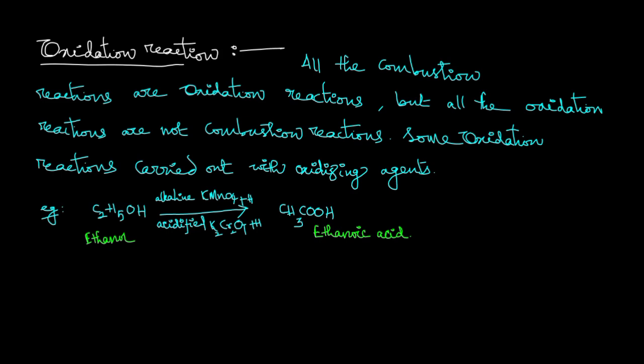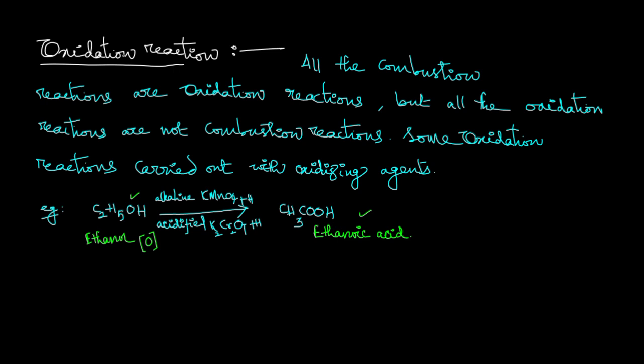In oxidation reactions, we use oxidizing agents like alkaline potassium permanganate or acidified potassium dichromate in the presence of heat. These give oxygen in atomic form, and this oxygen reacts with ethanol to get ethanoic acid.